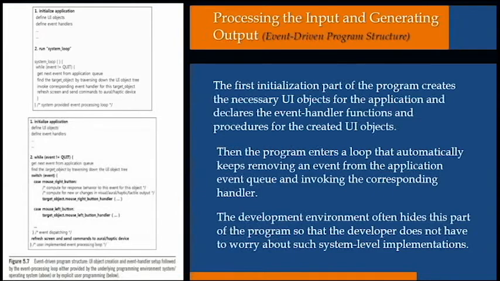Anyway, we will not detail it. What we're trying to look at here is how the input engine processes the input and generates its output. So it is important that we are aware of this. So that's for processing the input and generating output.